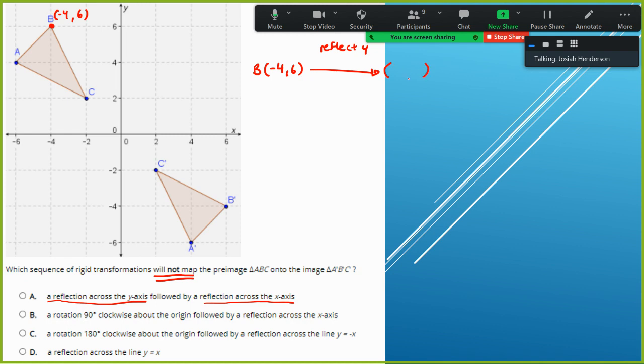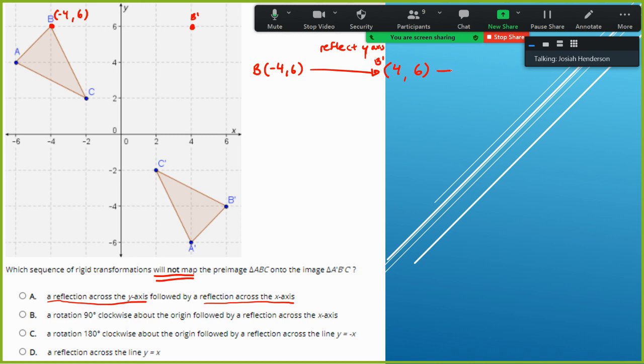So my new B, after reflecting on the y-axis, will be 4, 6. I'll put that on my graph just to visually keep track of that. So B prime would be 4, 6.